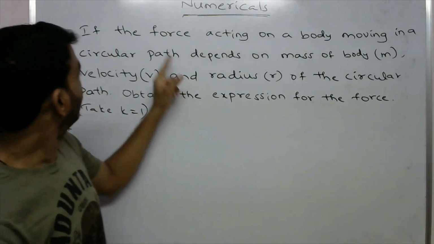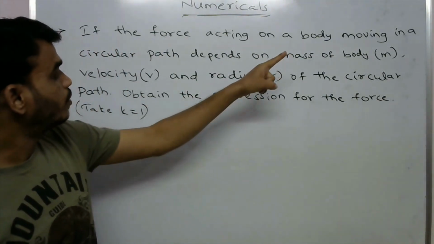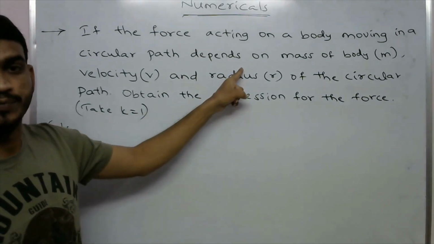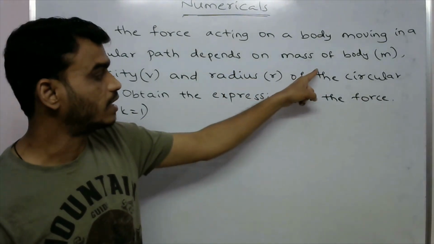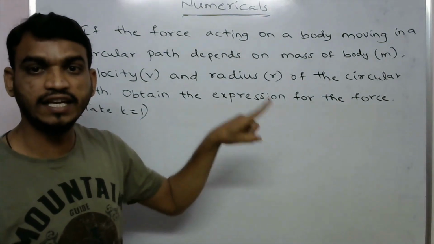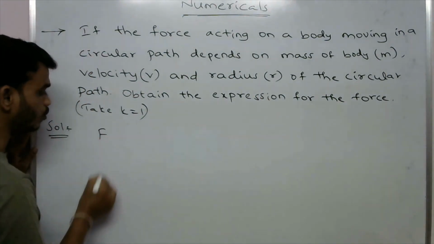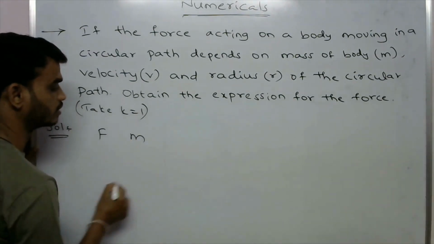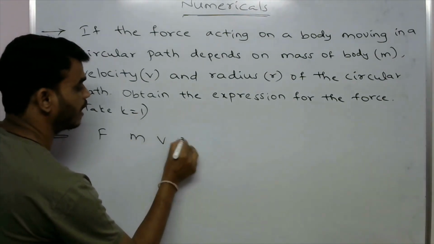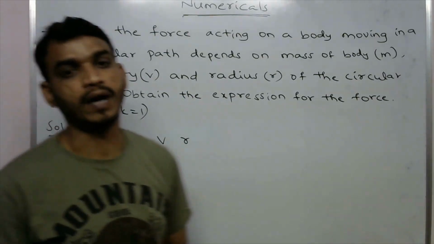so here the force acting on a body which is moving in a circular path depends on the mass of the body, velocity, and the radius. So F depends on the mass of the body, velocity, and radius of the circular path.